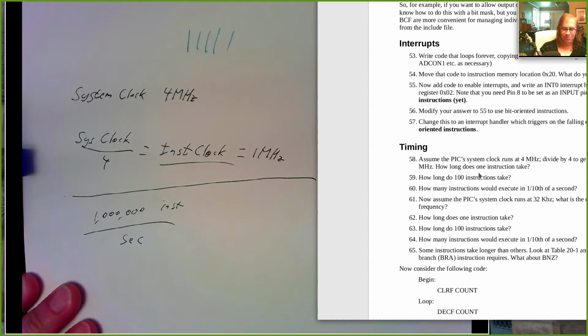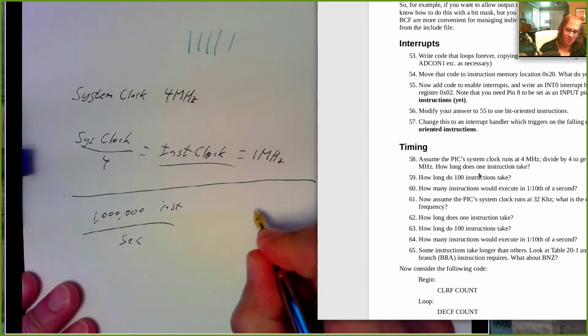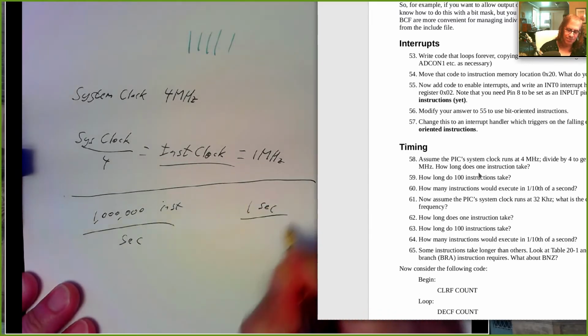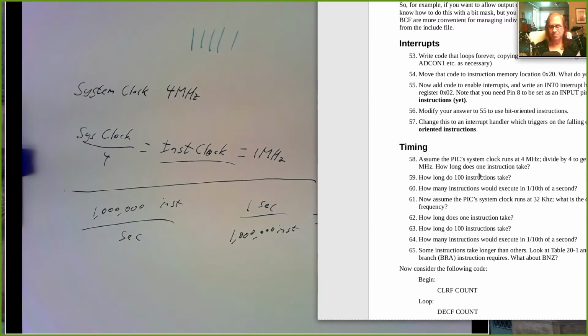There's kind of cheap ways to do this by just playing with units, and so 1 million instructions per second would be 1 second per million instructions, but that's also 1 millionth of a second per instruction.